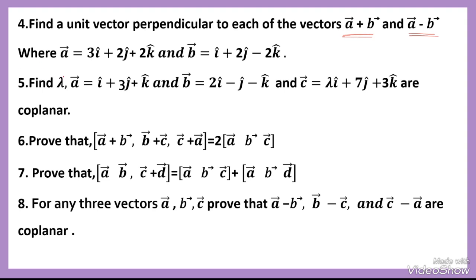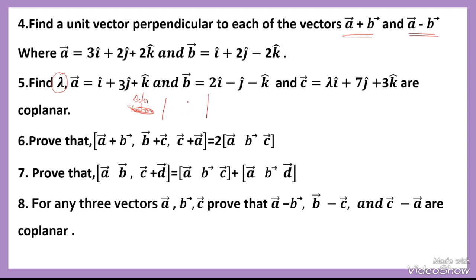Sometimes they may ask to find the lambda value when three vectors are given as coplanar. Coplanar means you first have to take the vectors in matrix form, or it may be written in determinant form.